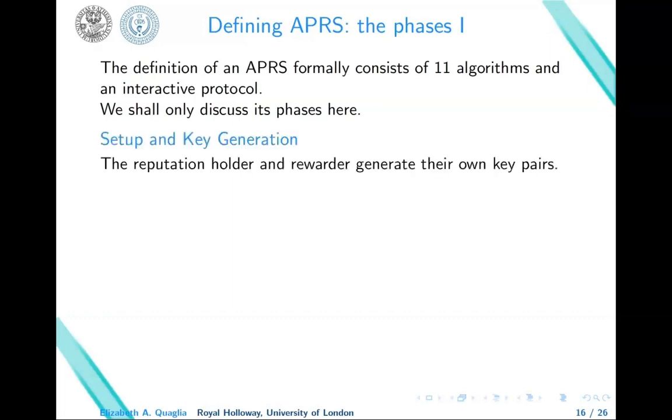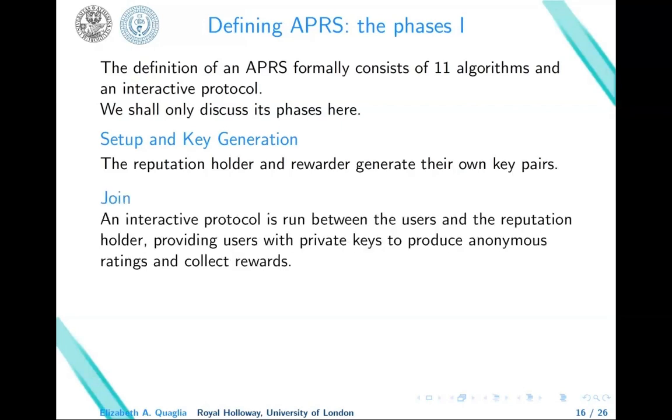So there's a setup and key generation phase where the reputation holder and rewarder generate their own key pairs. There's a join phase. That's where the interactive protocol is run between the users and the reputation holder. And the output of this is that the users will get to hold private keys with which they can generate ratings and collect rewards.